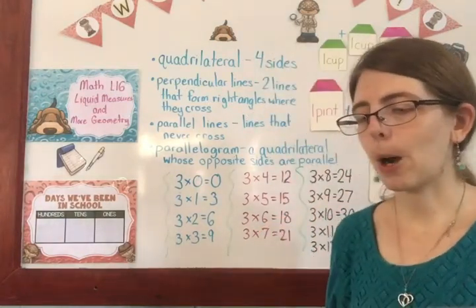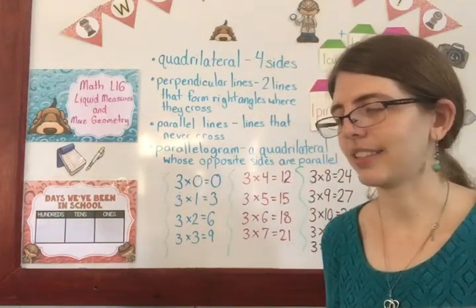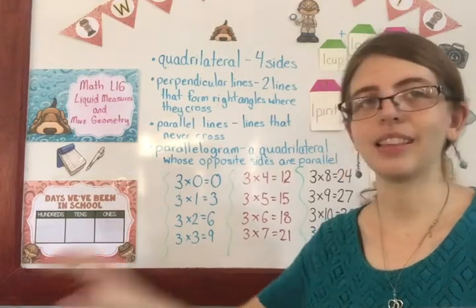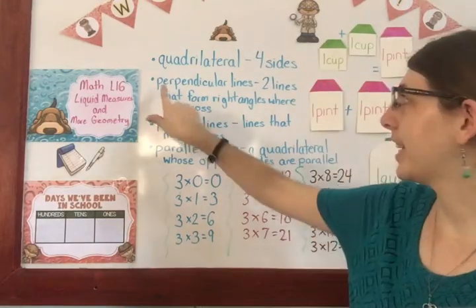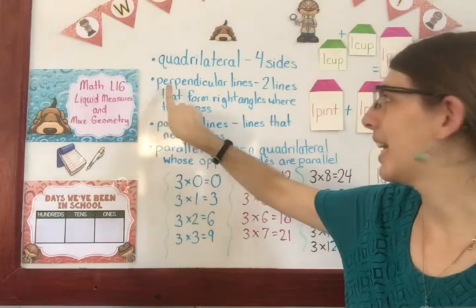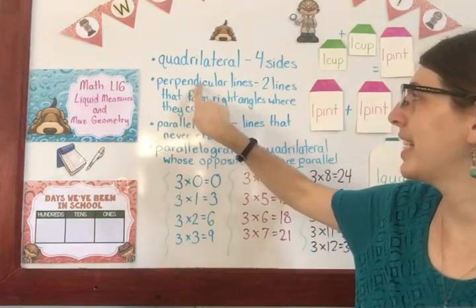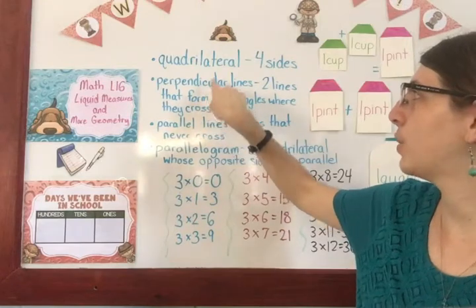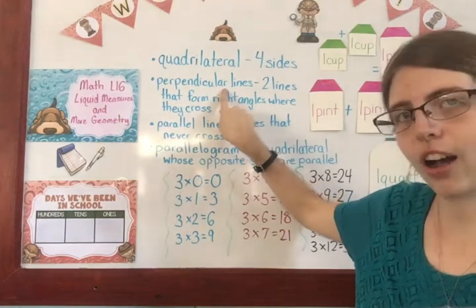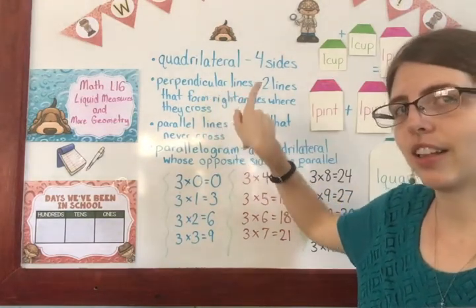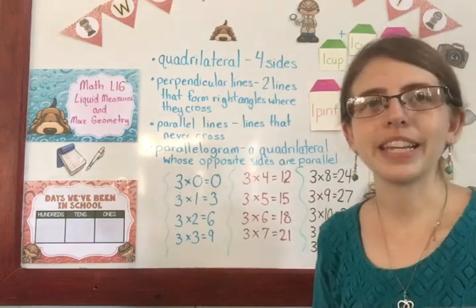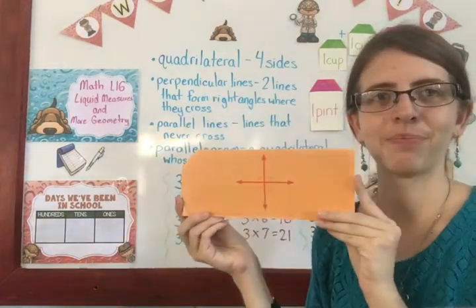Next would be perpendicular lines. So perpendicular is spelled P-E-R-P-E-N-D-I-C-U-L-A-R. Perpendicular lines look like this.